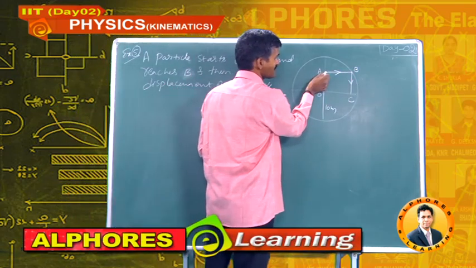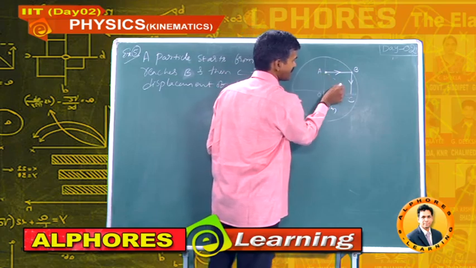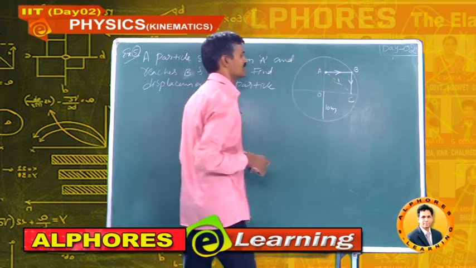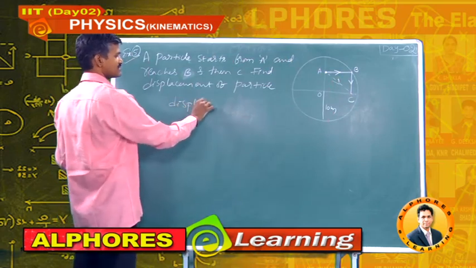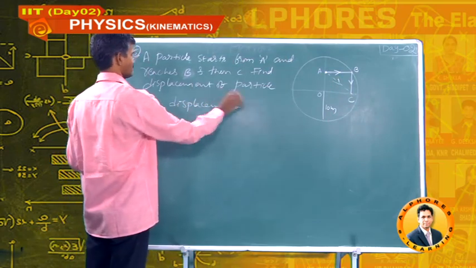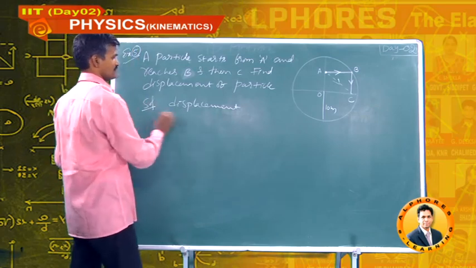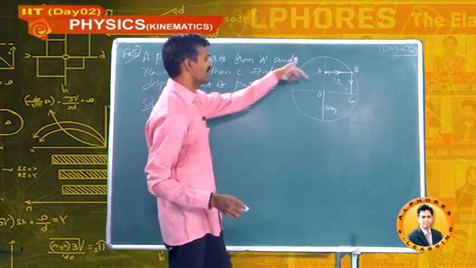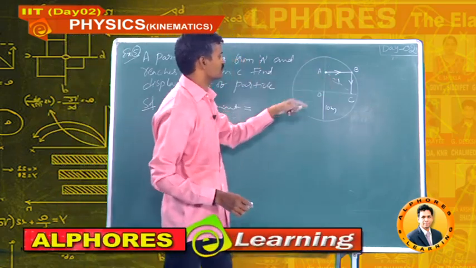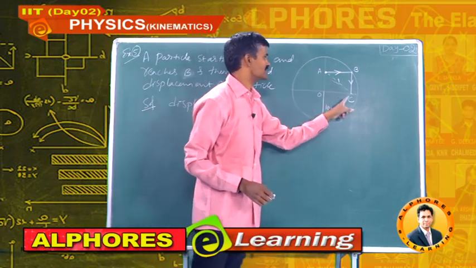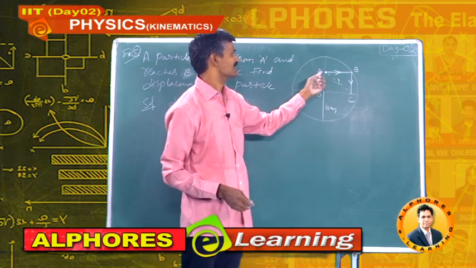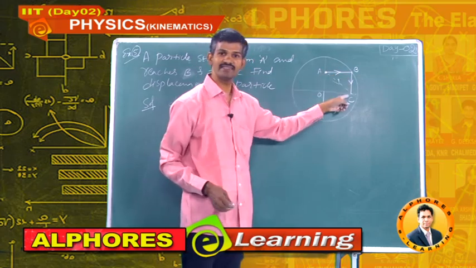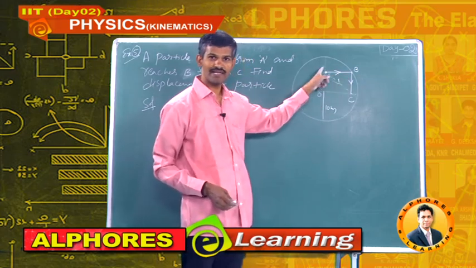This is the shortest line, this gives the displacement. Displacement is given by the shortest line. So what is the length of the shortest line? It is difficult to calculate the displacement. Why? Because they are not given AB or BC. How to calculate this displacement?